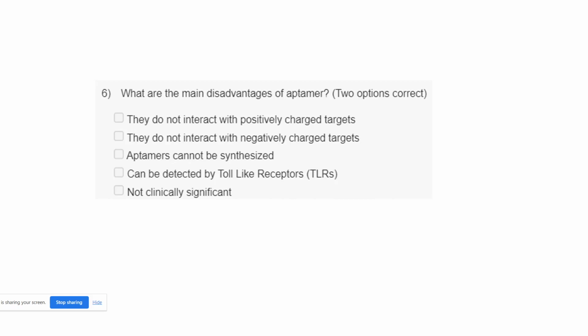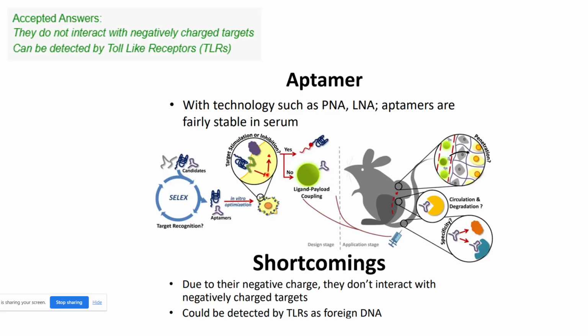You have to select two options. They do not interact with negatively charged targets, and they can be detected by toll-like receptors. Yes, these two options are correct. They themselves are negatively charged, so they don't interact with other negatively charged targets, and they could be detected by toll-like receptors as foreign DNA. So these two are the main disadvantages of aptamers.